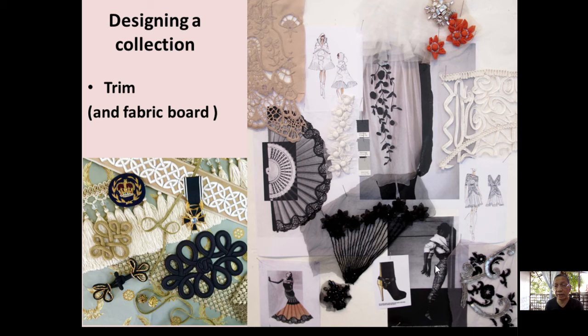Sometimes the button is not appropriate. If you have, let's say, an ornate jacket and you put a cheap looking coconut or plastic buttons there, it can ruin the jacket. It depends how you put that together, but make sure that you lay that out together.